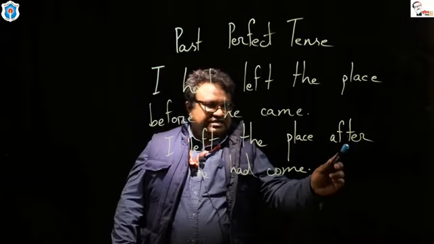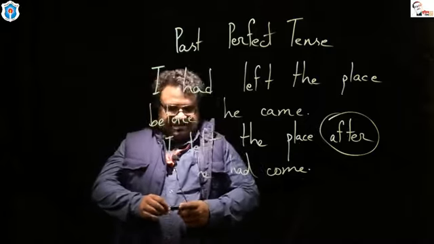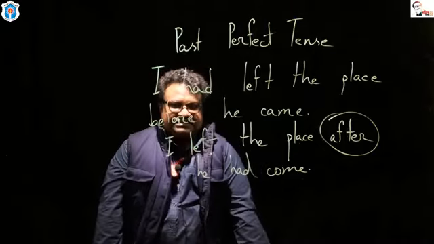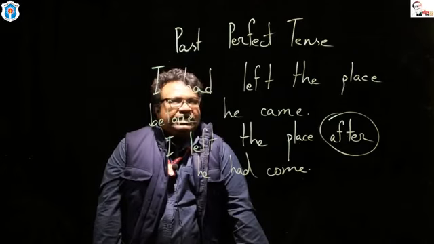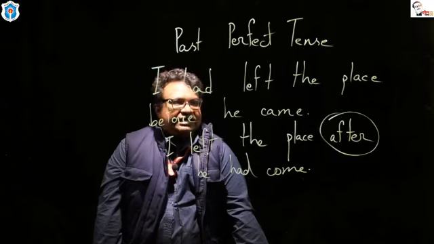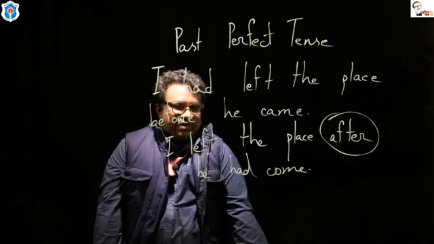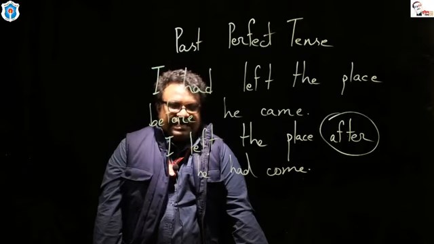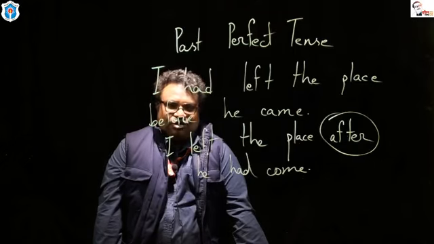Here, after this, after, we are using subject plus had plus the past participle form of the main verb. So in case of past perfect tense, when we are using before, it will be preceded by the past perfect form and it will be followed by the simple past form. When we are using after, it will be preceded by the simple past form and it will be followed by the past perfect form.